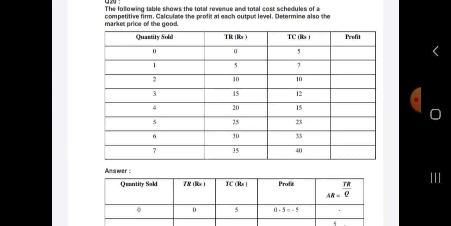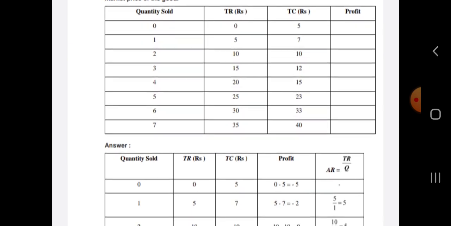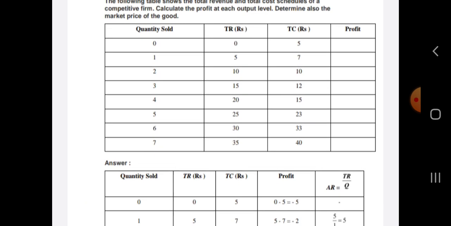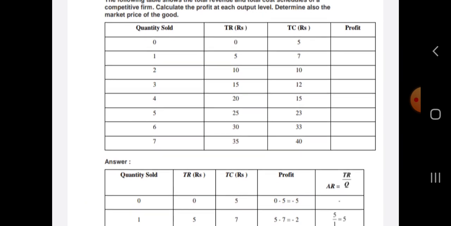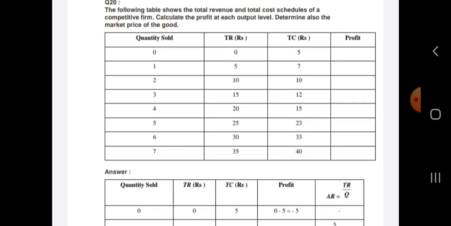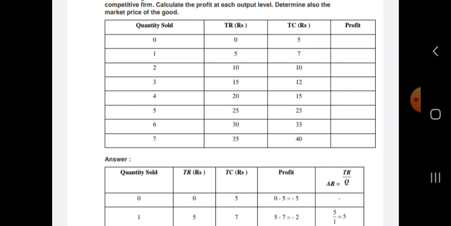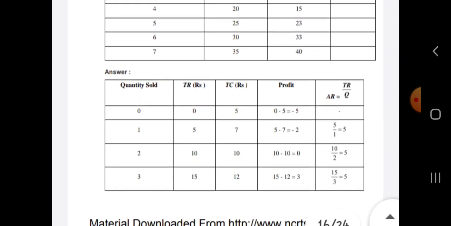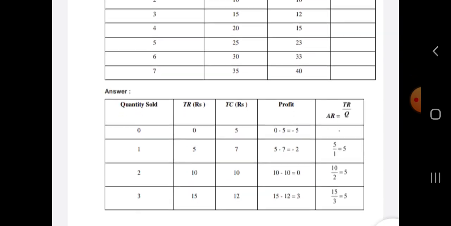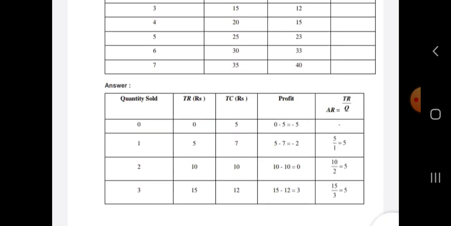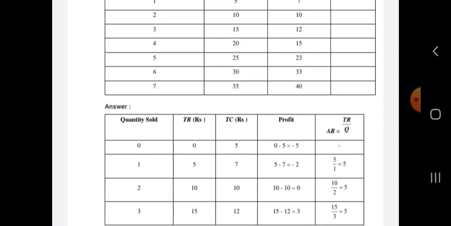Next, here again they have given TC. First you have to write TC, which one will come: here they have given rupees 5, 0 you have to write first, next 5, next 10, then 15, 20, like that you have to write.